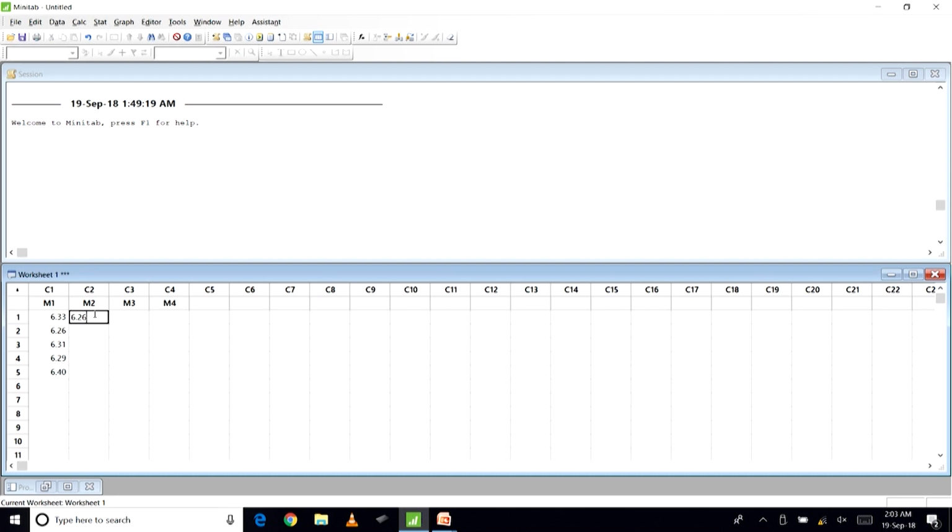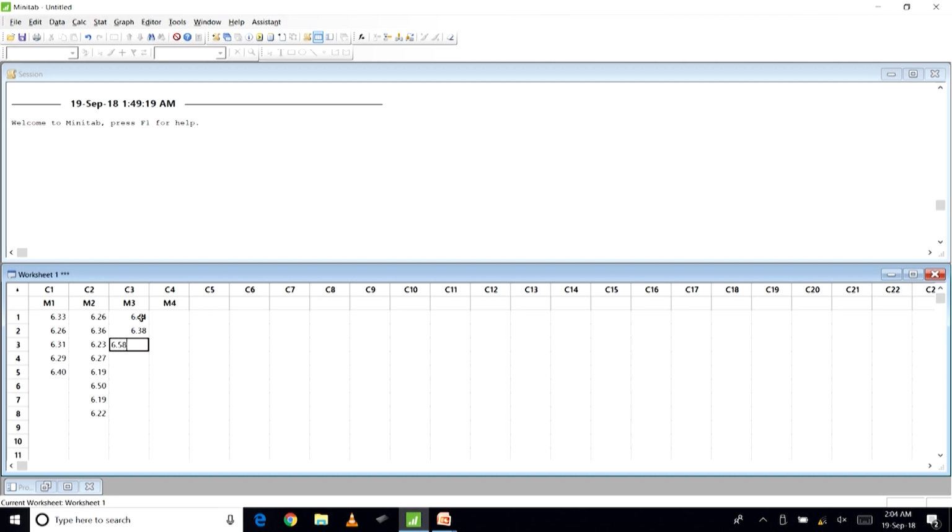In the first column there are only 5 units or 5 samples, right. 6.23, then 6.27, 6.19, 6.50. In fact, there are 8 samples or 8 units in this sample. 6.44.